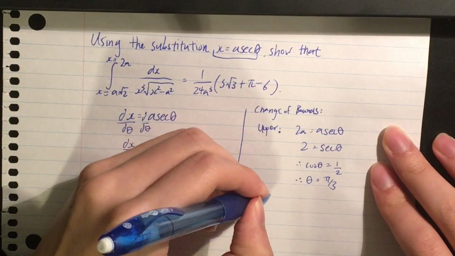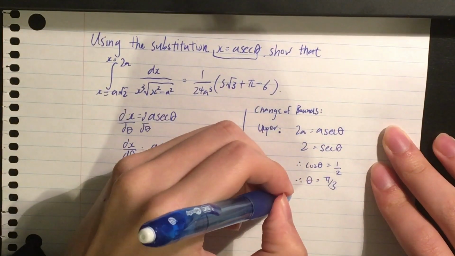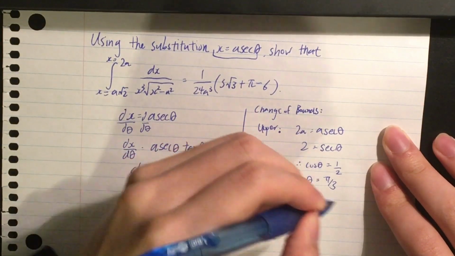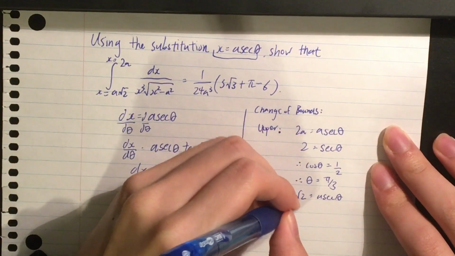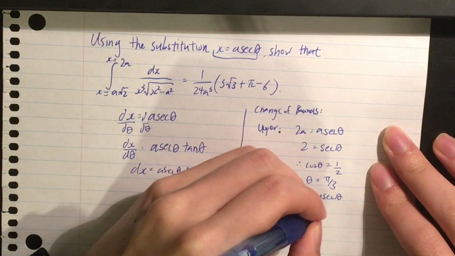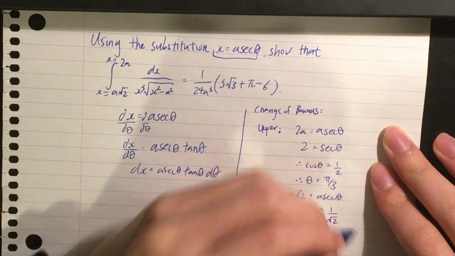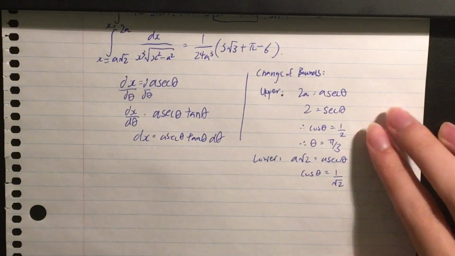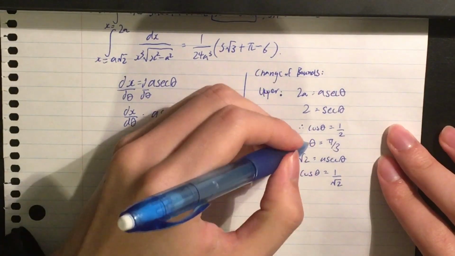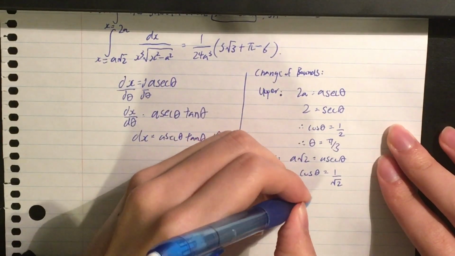And you would do the same thing for the lower bound. So for the lower, we would have root 2, and you would have cosine. And this directly comes from our special triangles. Same with this, we get that theta is equal to pi over 4.